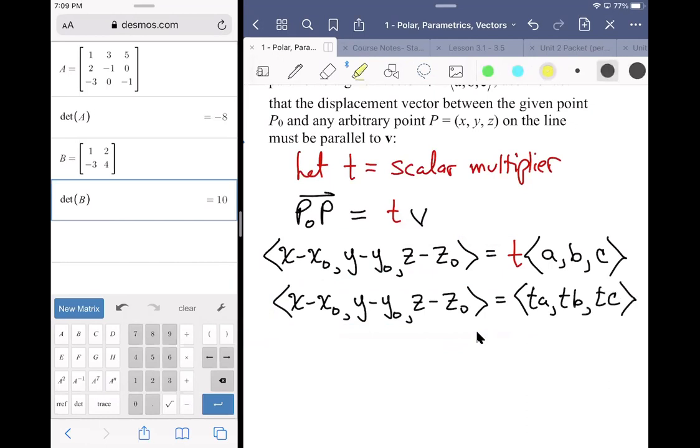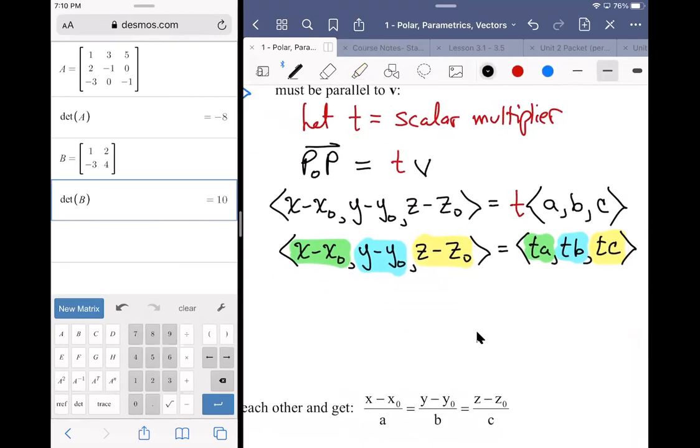So in order for these two vectors to be equivalent, each component needs to be equivalent. So I have X minus X sub O is equal to TA.